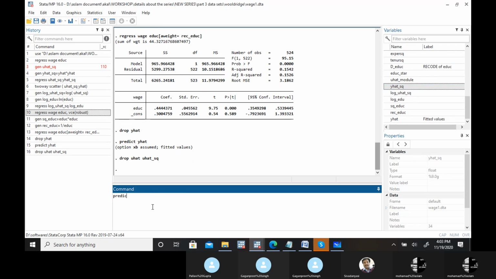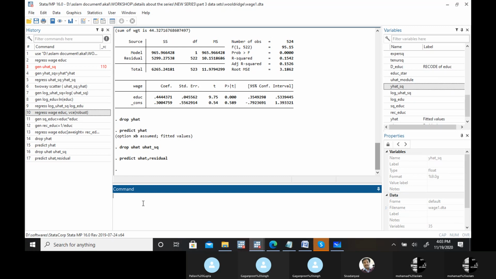I need to predict the u hat residual and I need the square of this residual. So generate u hat square, equal to u hat into u hat.